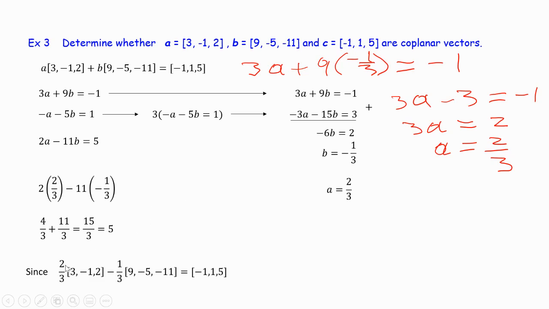In other words, if I took the 2/3 as my A and multiplied it by all of these numbers, and then took the minus 1/3, the B value, and multiplied by all of these numbers, I do get the third vector. Every single part of this third vector, the X, Y, and Z components, can be found by simply scaling the first two vectors.